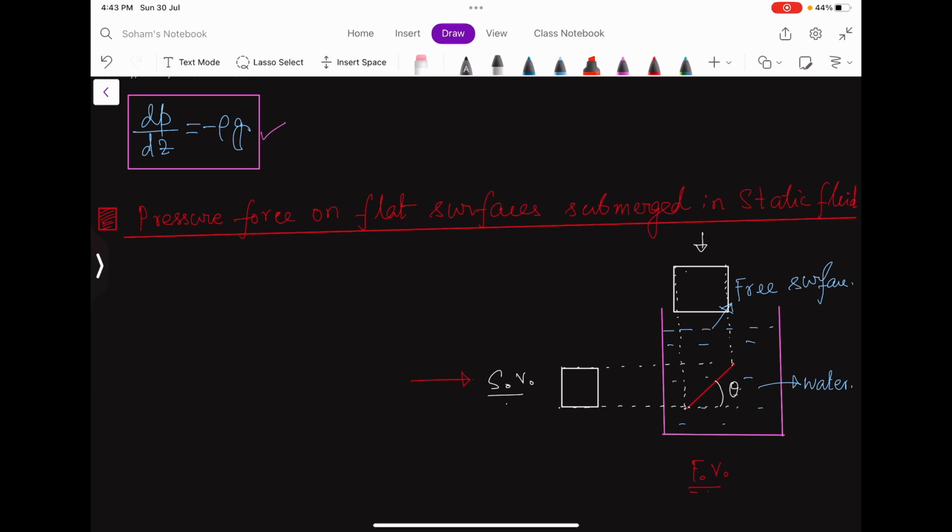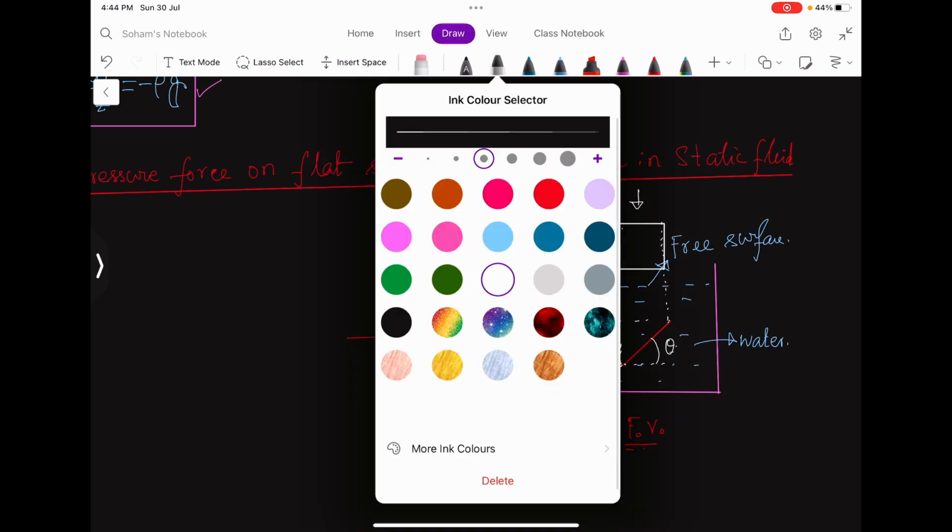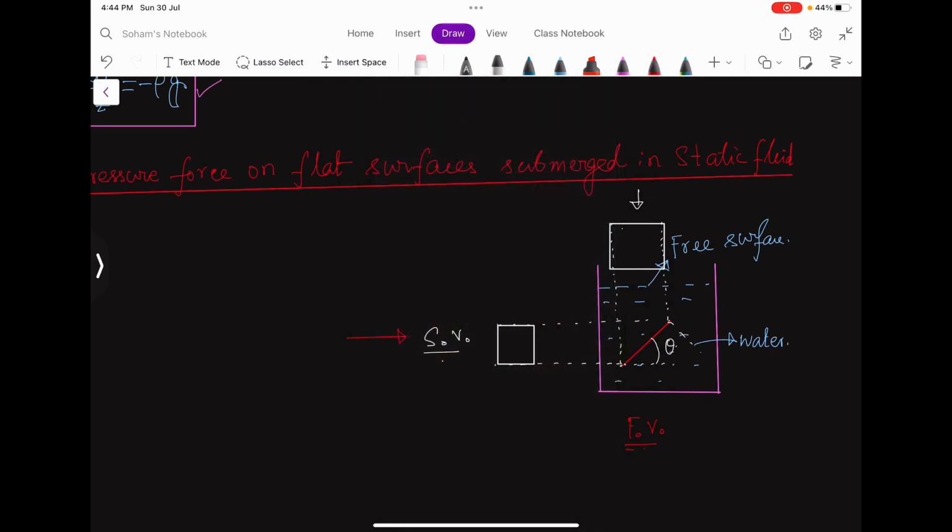Let us assume the side lengths of the rectangular plate. If I draw the actual dimension, that will come from this view only.